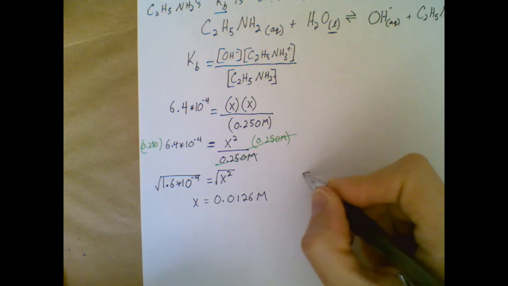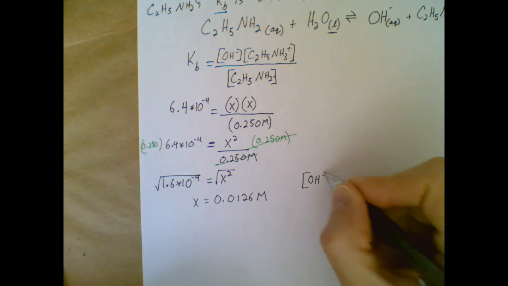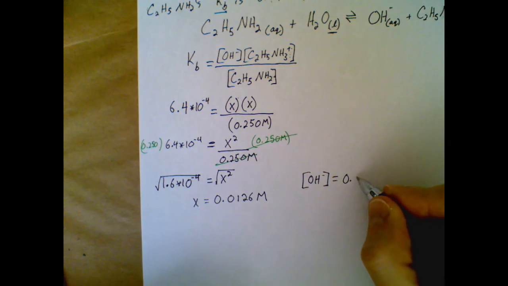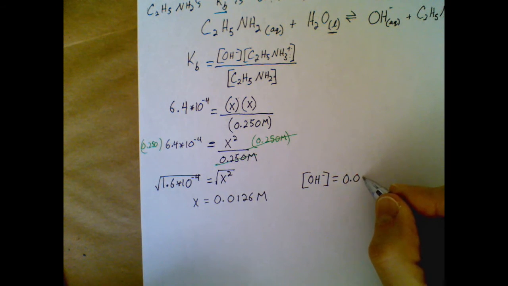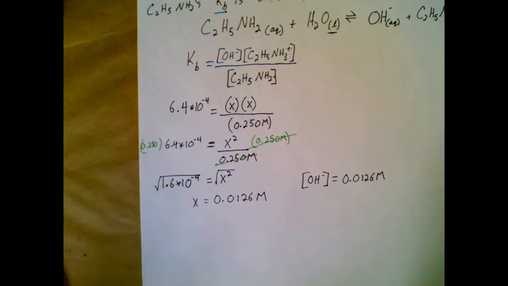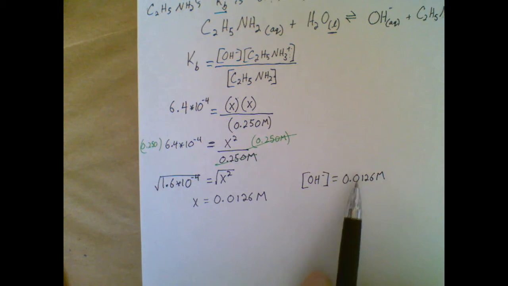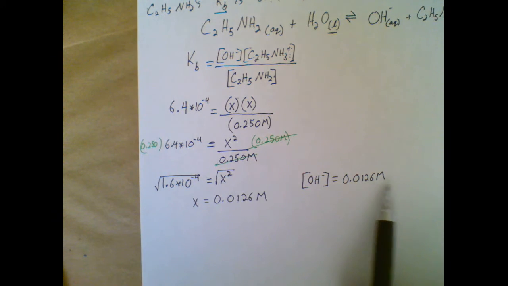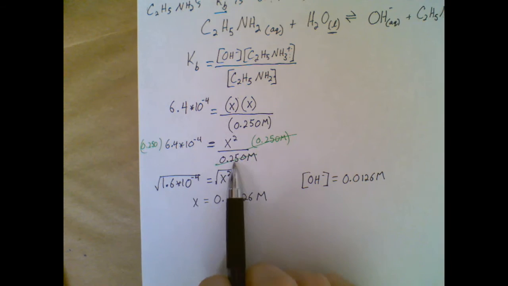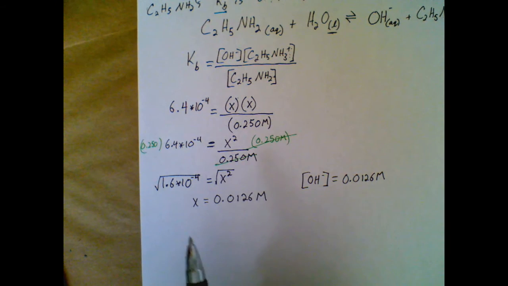Now, remember, x is the concentration of OH minus. So the concentration of OH minus is 0.0126 molarity. Now, we should point out the assumption we made is actually not a good assumption in this case, because if I took 0.250 minus this number, that's actually going to change 0.250.